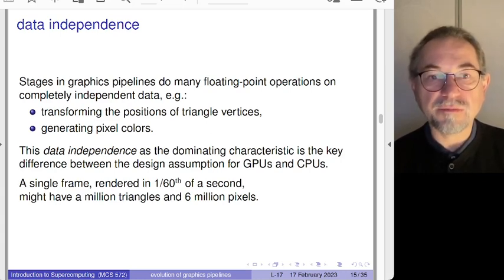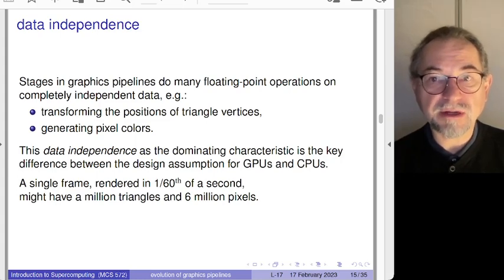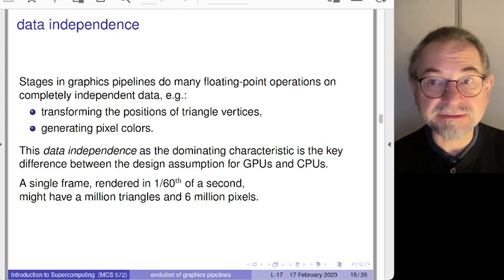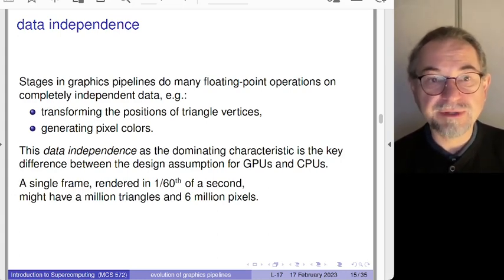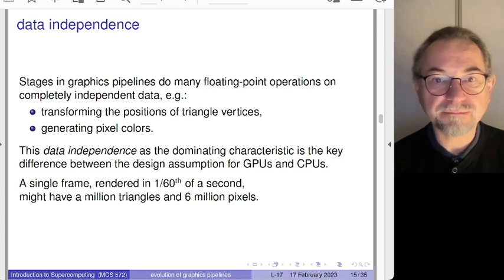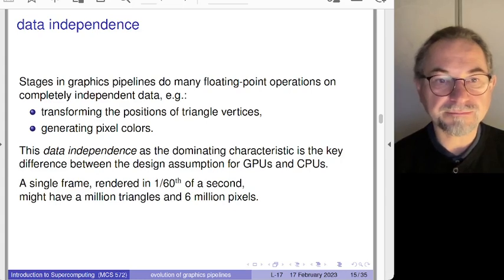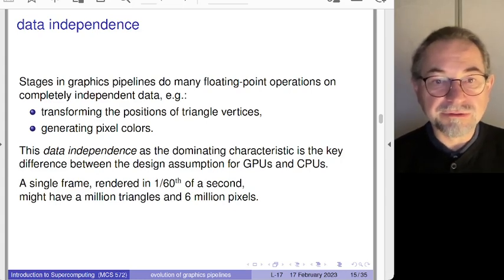So almost pixel by pixel. And that is the prerequisite and also the characteristic of doing data parallel computing. It's also the most fundamental difference between the GPUs and the CPUs. So also the numbers here.